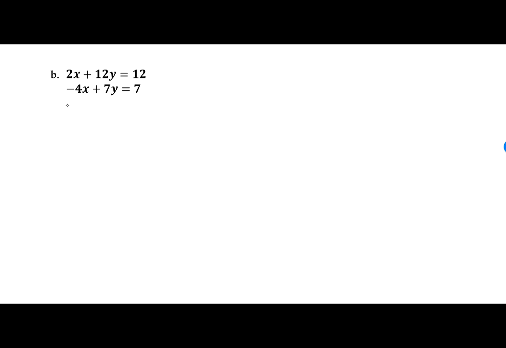And remember, you're allowed to multiply an equation by anything you want, as long as you multiply both sides by the same number. So look at the x's here. We have a 2x in the first equation and a negative 4x in the second equation.